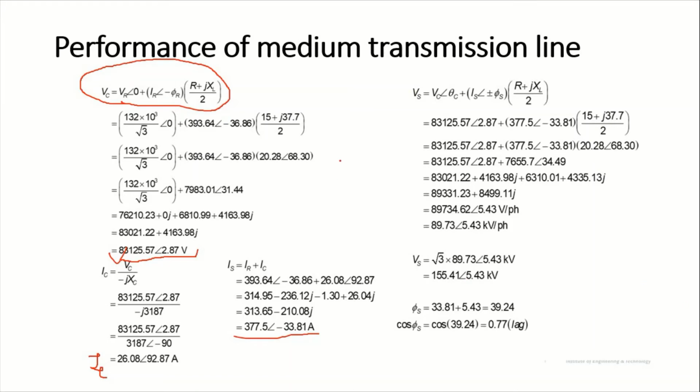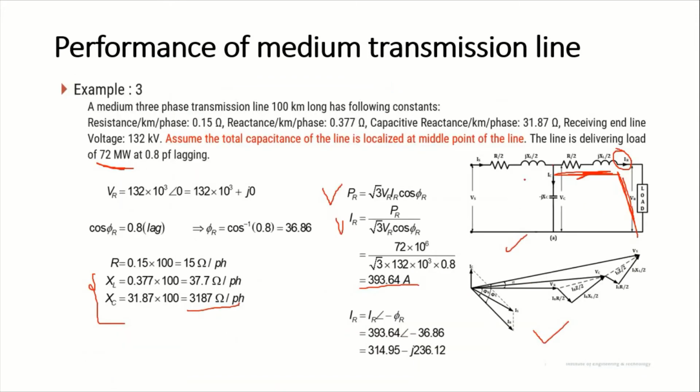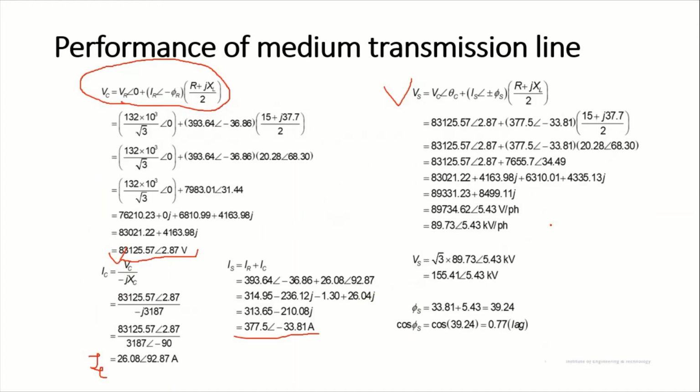Now the final equation for finding the value of Vs. Vs is equal to the summation of two voltages, that is, the voltage drop across this terminal due to the sending end current Is and the capacitance voltage.